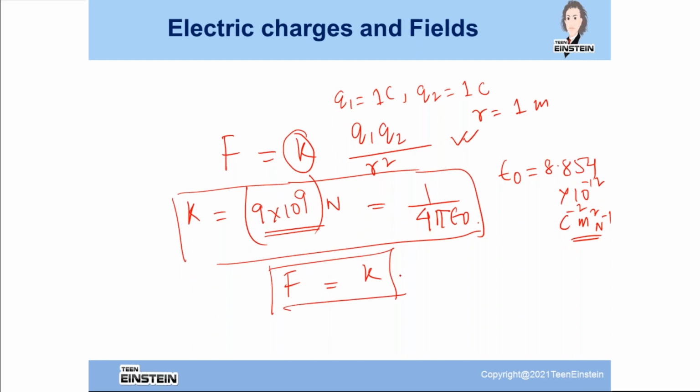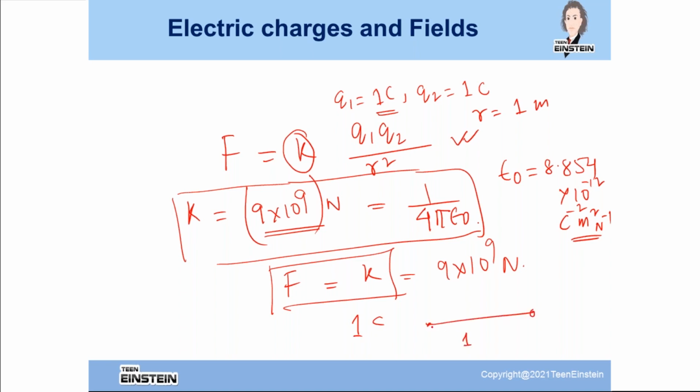Now see, if I say Q1 is 1 Coulomb and Q2 is also 1 Coulomb and R is 1 meter, then the force will be K. So from here I can define the charge. This is 9 into 10 to the power 9 Newton, so I can define the unit of the charge.